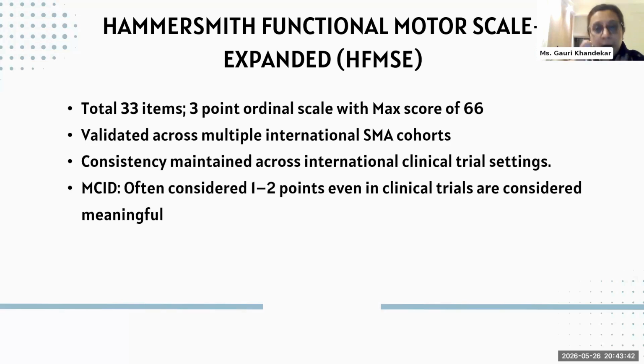So all this is in the expanded version. If the child is standing and walking, basically for SMA type 3 and 4, we can get this also recorded. Consistency is maintained across international clinical trial settings, and an MCID of 1 or 2 points is considered meaningful even in clinical trials.